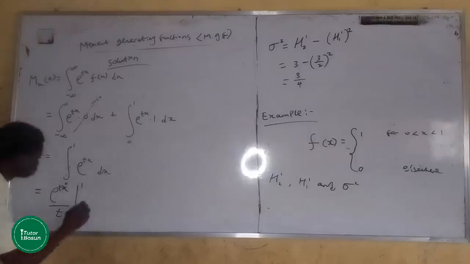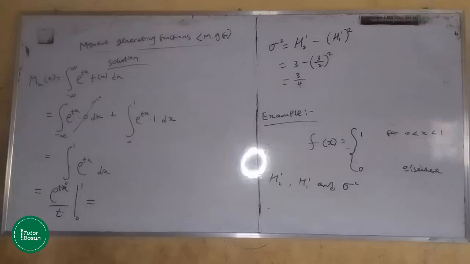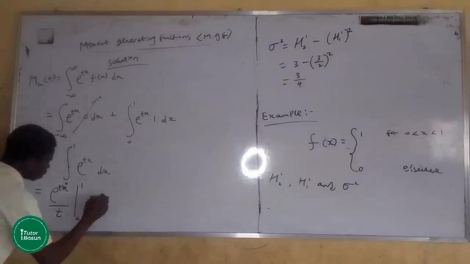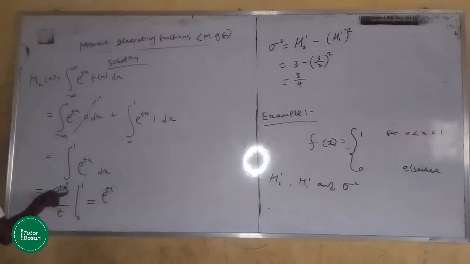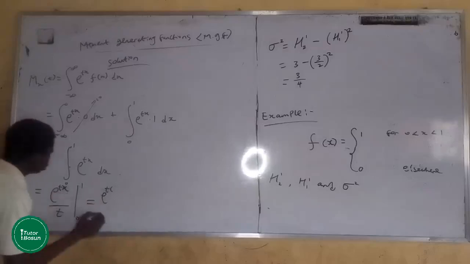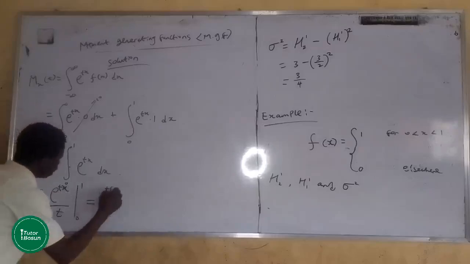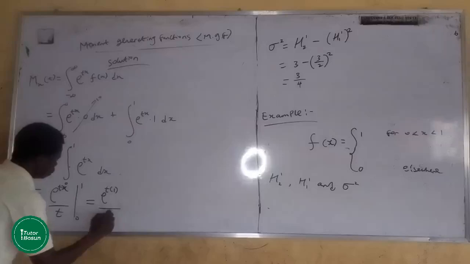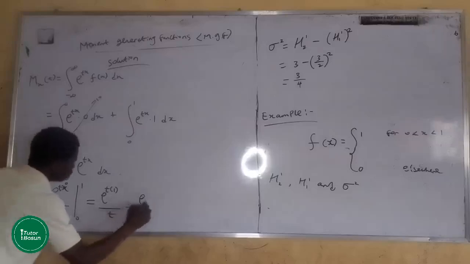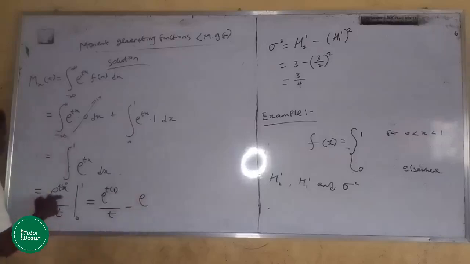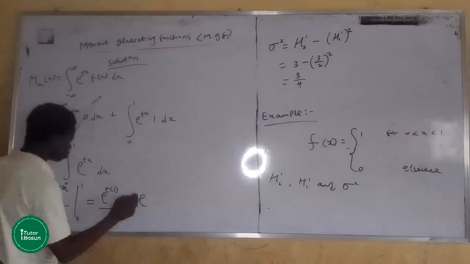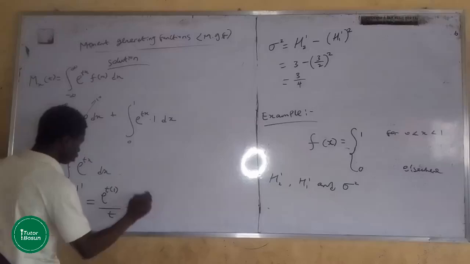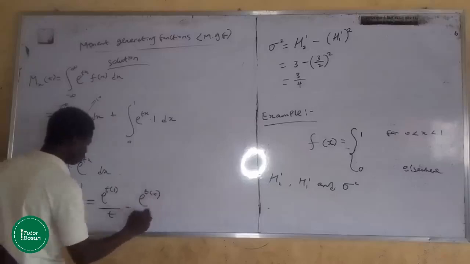So introducing the boundary condition, we have exponential t into 1, we are replacing x and not t, over t minus exponential t into 0 over t.